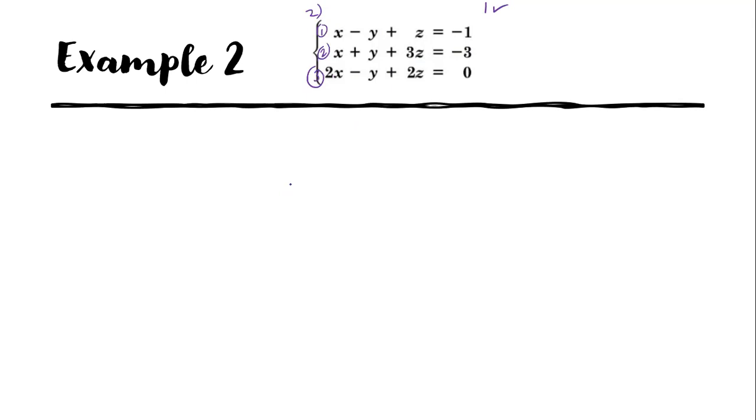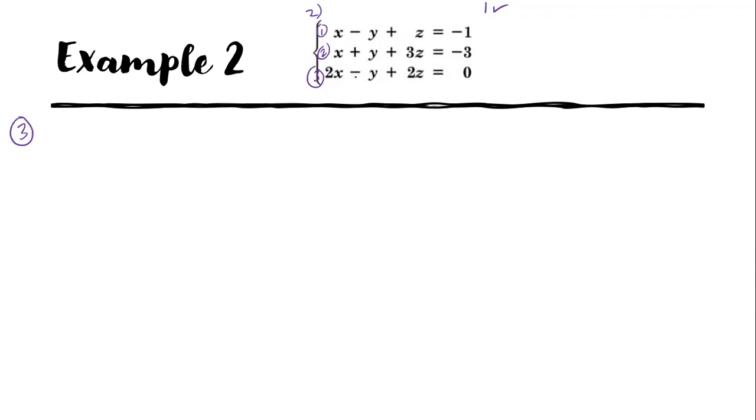Step 3 is you're going to choose a variable to eliminate and combine 1, 2, or 3 together to eliminate that variable, and then do it again. So step 3.